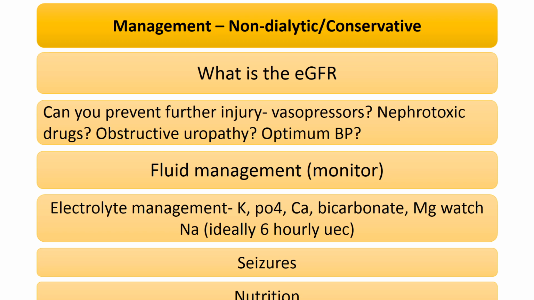And then in terms of electrolyte management, we keep a close eye on the potassium. Often when patients come in with acute kidney injury, they have high potassiums, but it's not in all of them. There are some who may actually have the low potassium, but by and large, many will have the high potassium. So we look out for that, and to manage potassium conservatively, we'll reduce potassium intake by reducing intake of foods that contain potassium, things like citrus fruits, things like processed foods, crisps, jiggies.